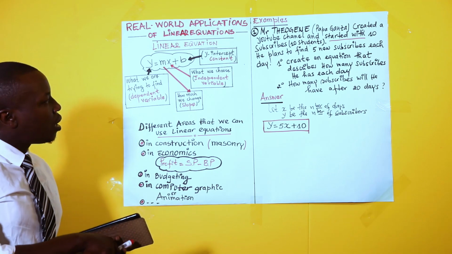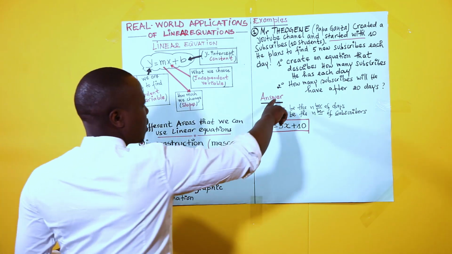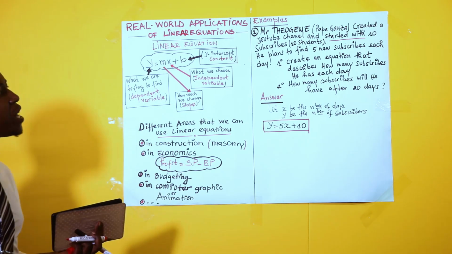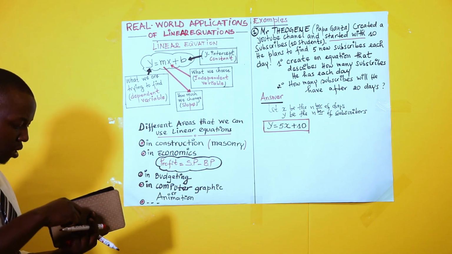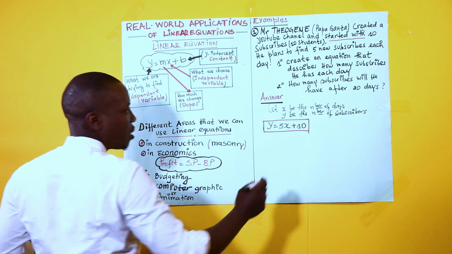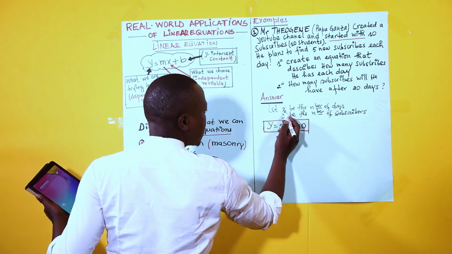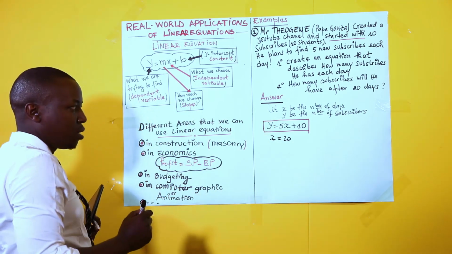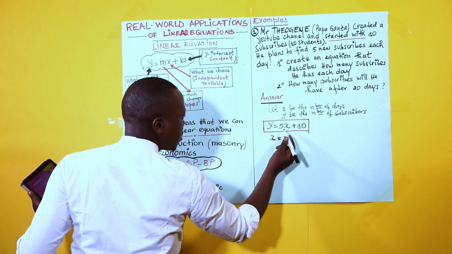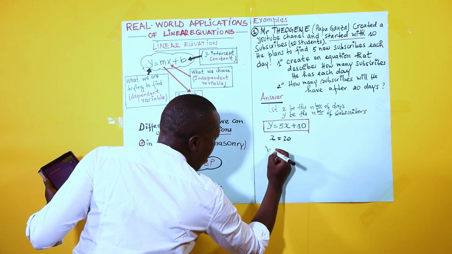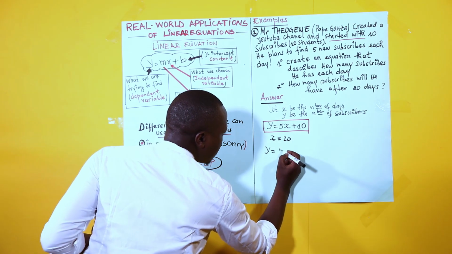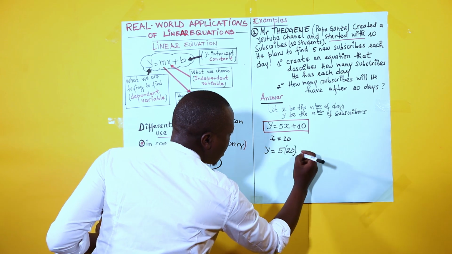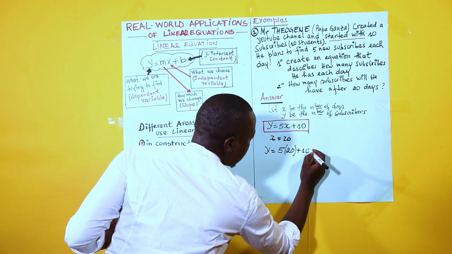Now, the second question says how many subscribers will he have after 20 days. 20 days is x, which means x equals 20. When you substitute the value of x by 20, y equals 5 times 20, then plus 10.